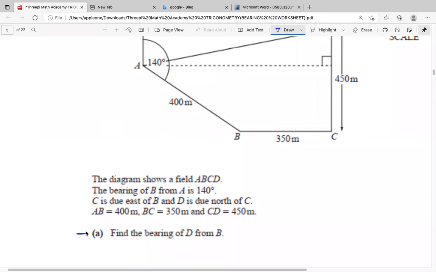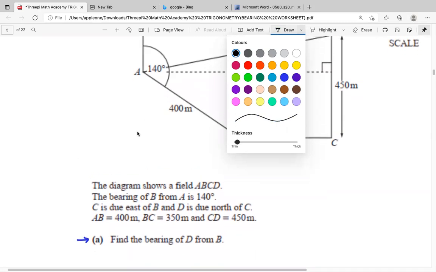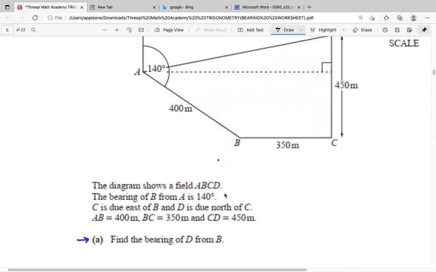Now look at this part. The bearing of D from B is required. Always, if you are doing bearing questions, keep the main basic things in your mind. Then it will be easy for you to do the question and get the answer.